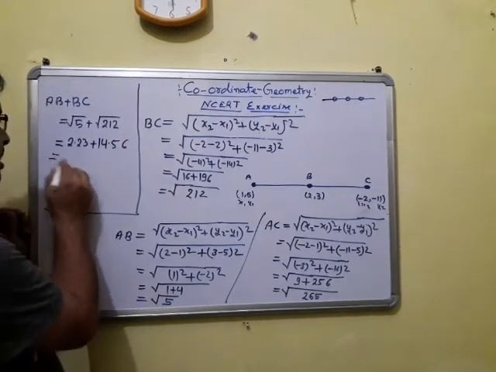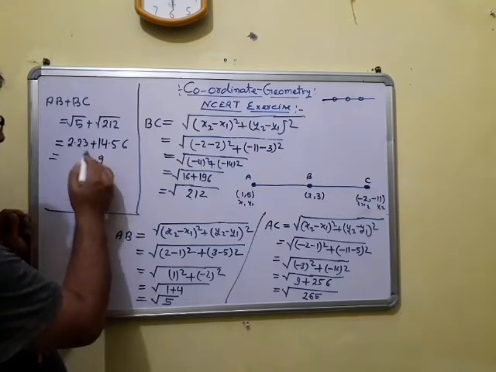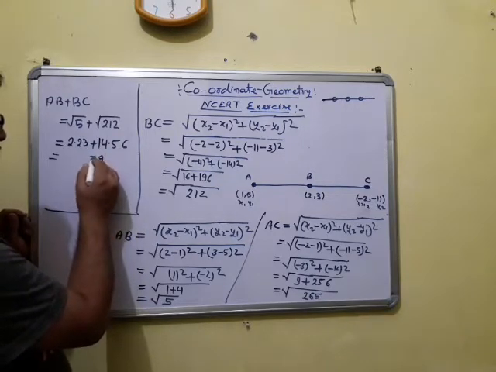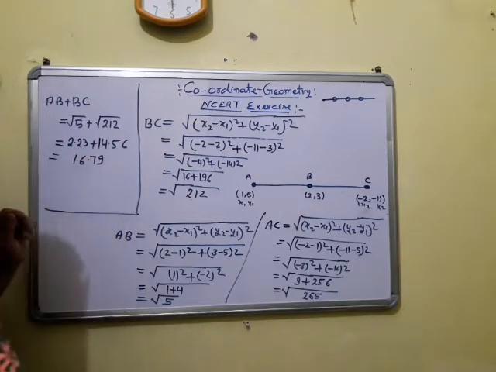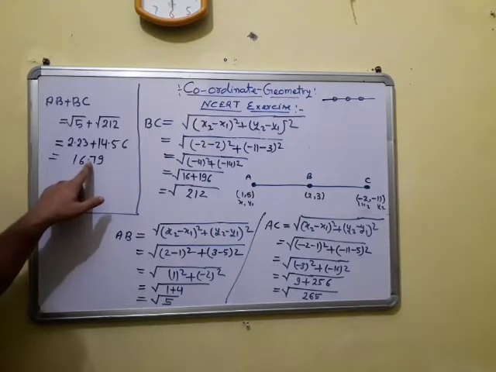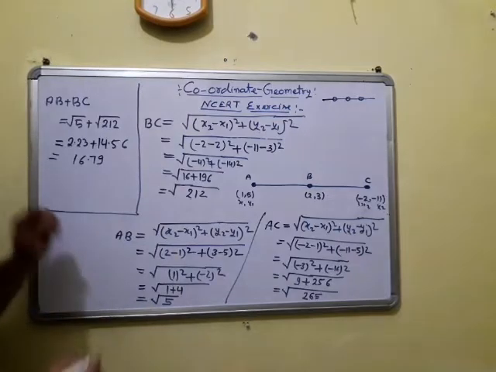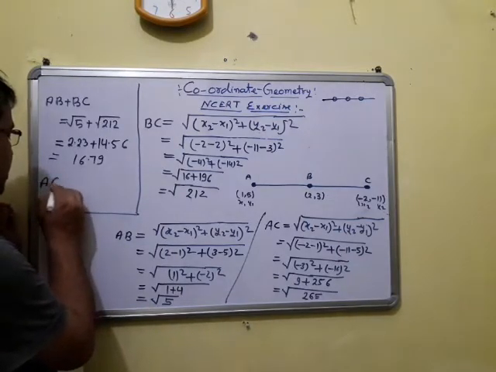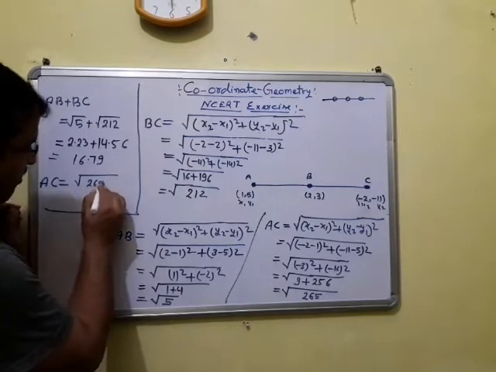So adding these, 6 plus 3 is 9, 5 plus 2 is 7, 4, 2, 6, 1, we get 16.79. Now AC. So AC is equal to root 265.